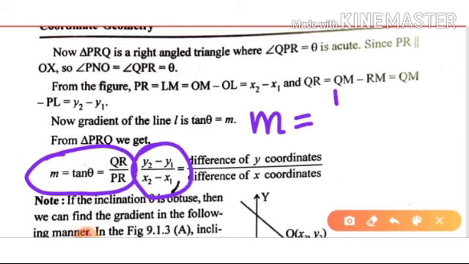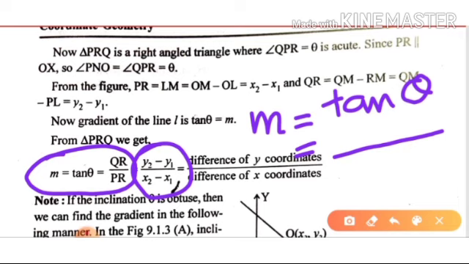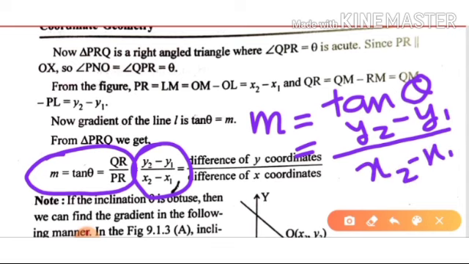We know the gradient of a line we can find from the angle of inclination. Now we can also find it with the help of the coordinates. If the coordinates of 2 points are given, then we can also find out the gradient of a line. Here you may not be given the value of the angle of inclination.